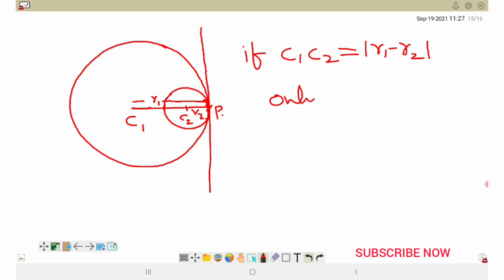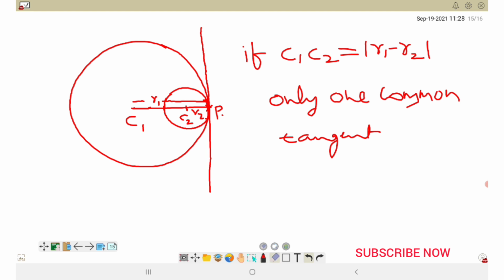Here the two circles touch each other internally at P, and P divides C1 C2 in the ratio R1 is to R2 externally. Here P is called the point of contact.